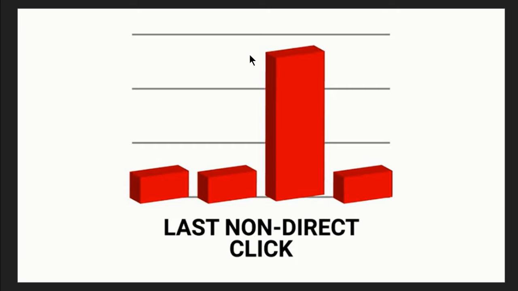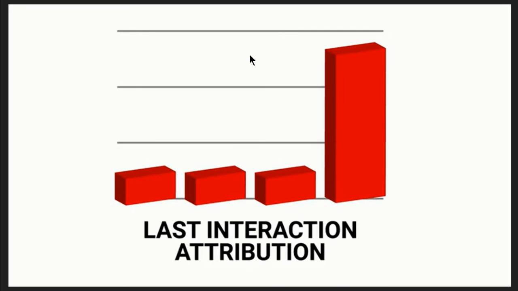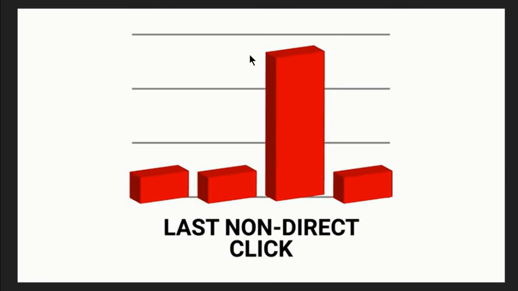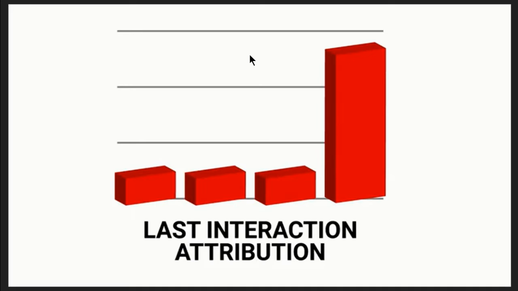But there are some issues while doing this, and we have one model better than this model, and that model is last interaction attribution. Okay, note the difference. That was last non-direct click, and this is last interaction attribution. So this is going to be the actual last interaction within the journey, and therefore this will be where the sales actually happened.